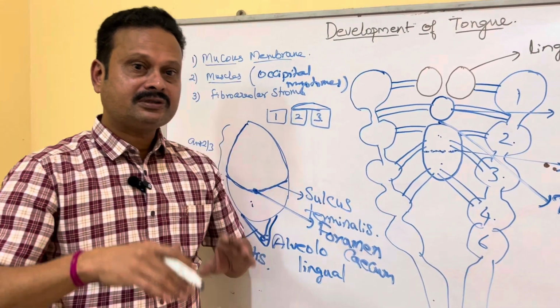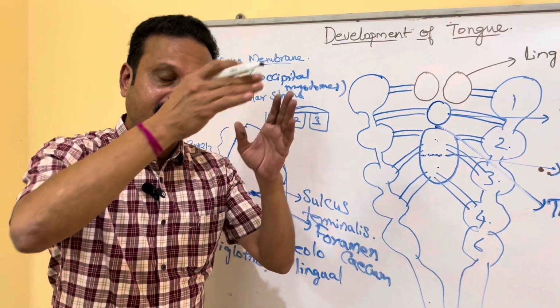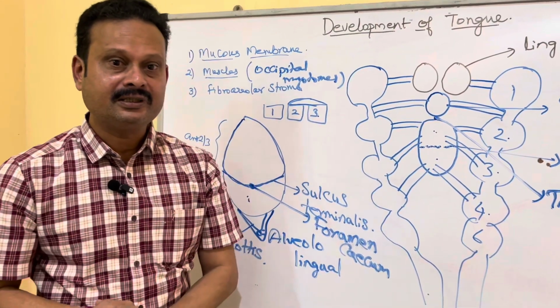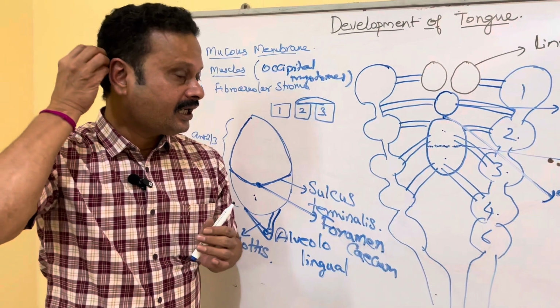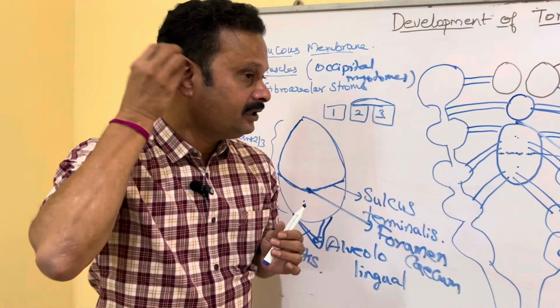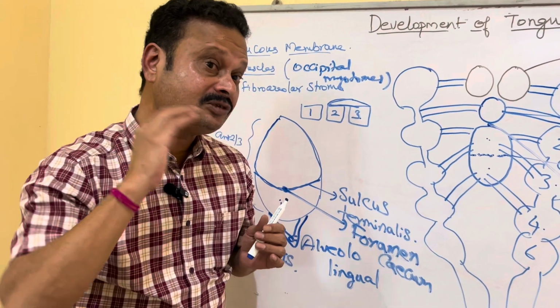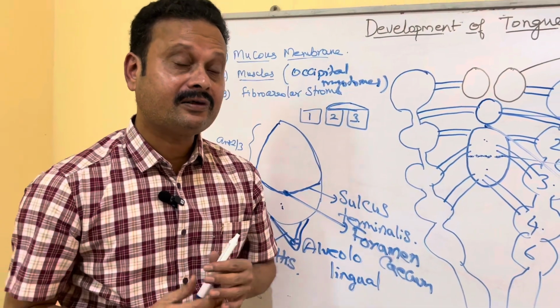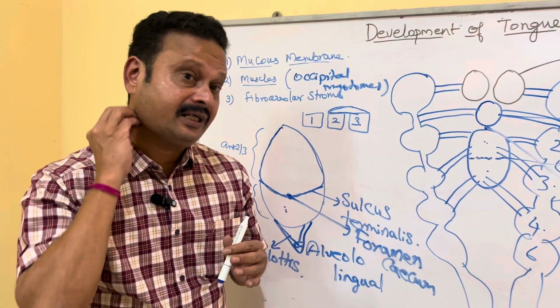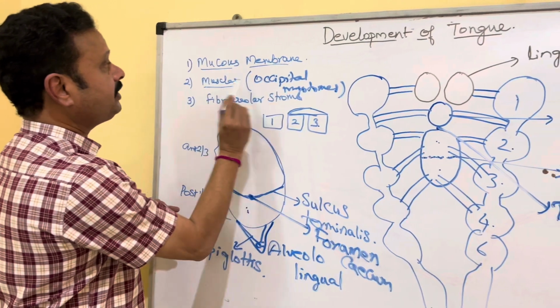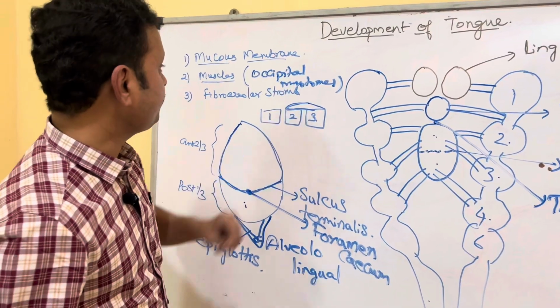These myotomes drag their nerve, the hypoglossal nerve, along with them, and that is the reason the hypoglossal nerve is seen coming downwards from behind, lying superficial to the internal carotid artery and external carotid artery in the neck. Is it clear? So the muscles of the tongue are developed from the occipital myotomes.